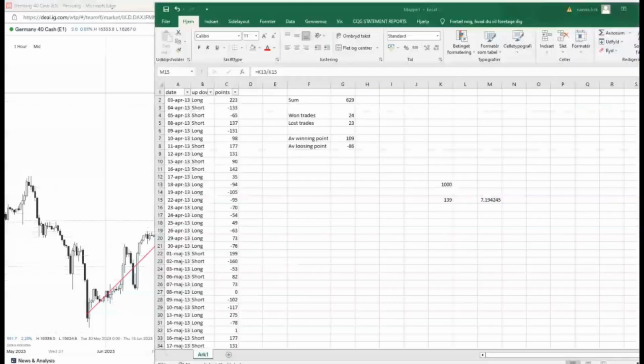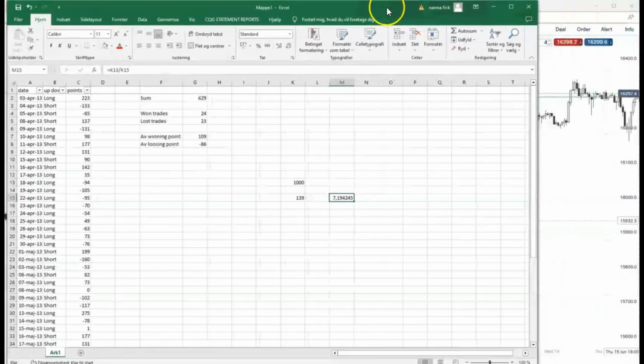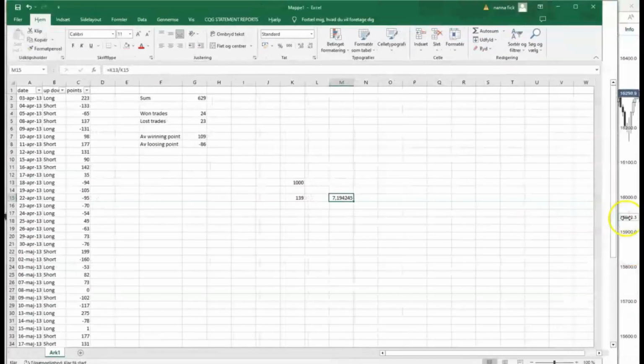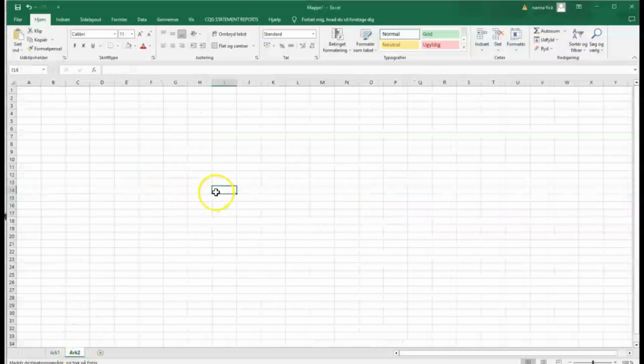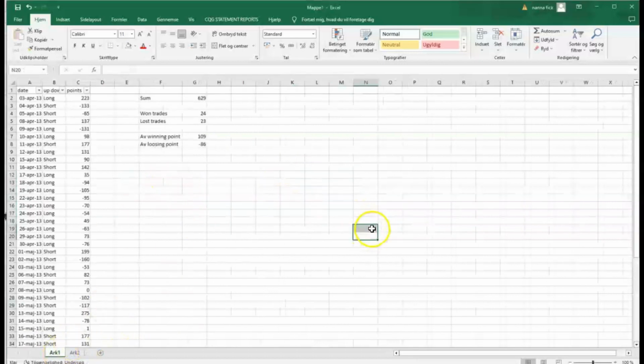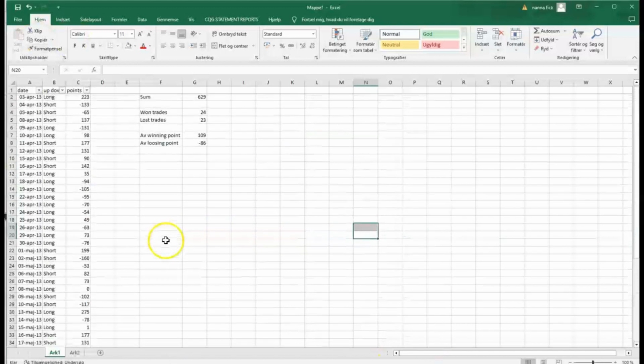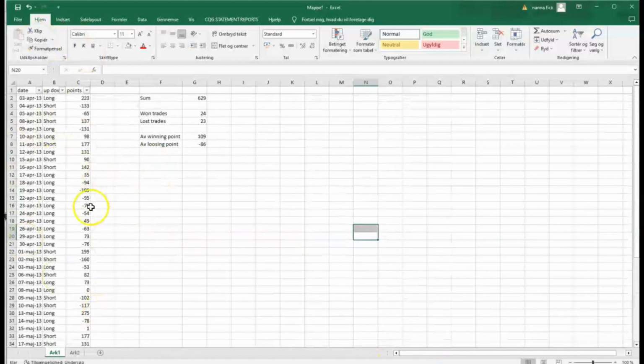And now let me illustrate how important it is for you to become good at managing your trades. So, I have taken some trades made at some point and some results made at some point. And here we have 47 trades.